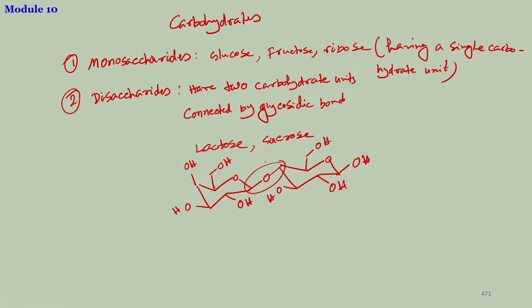So, you have a single glycosidic bond here, and this is the structure of lactose, which has two carbohydrate units. So, it is a disaccharide.